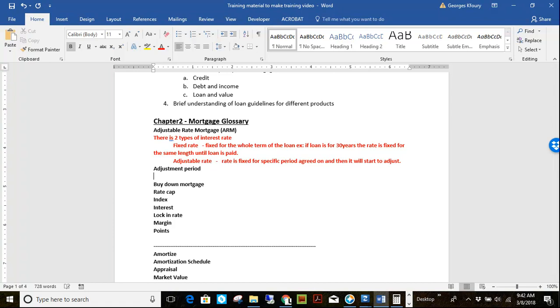Now, the adjustment period. An ARM loan is fixed for a specific term, and then it will start to adjust, as we said previously.